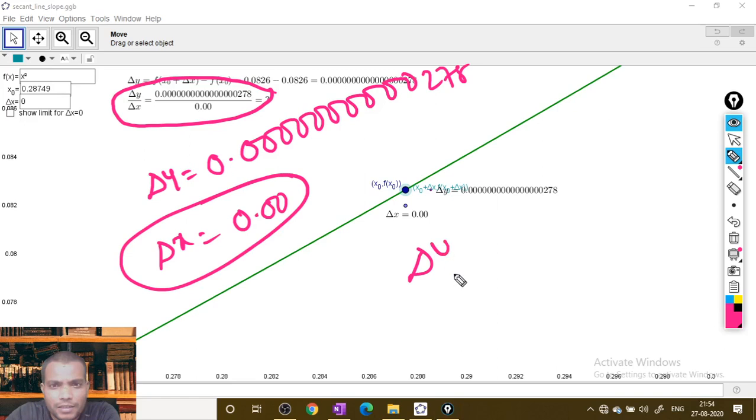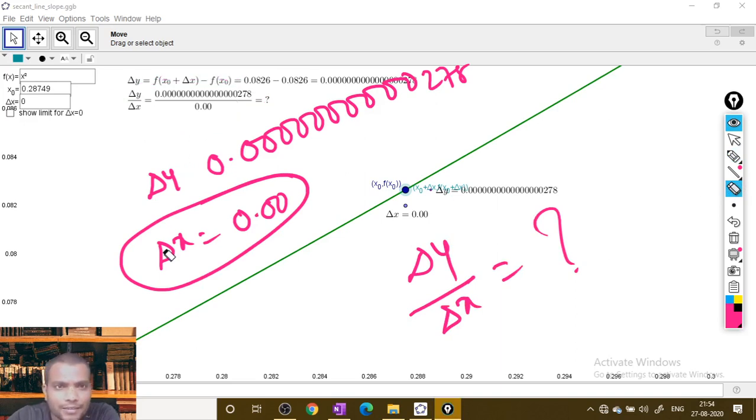If you divide this delta y by delta x, what can we get? It shows a question mark. How can I get that? But this is our instantaneous value at that particular point.